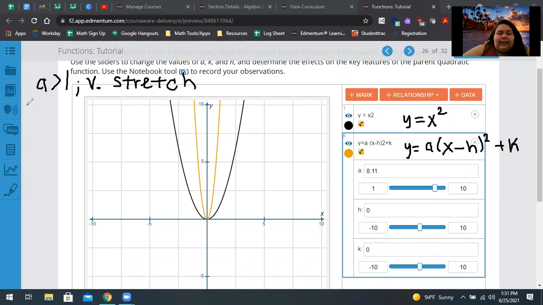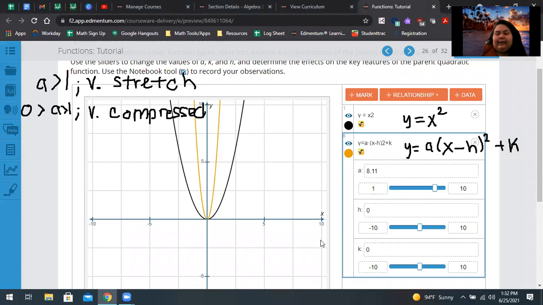And when A is between 0 and 1, it is a vertical compression. Sorry.